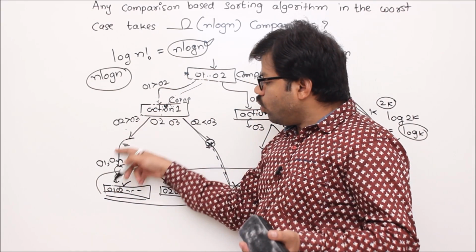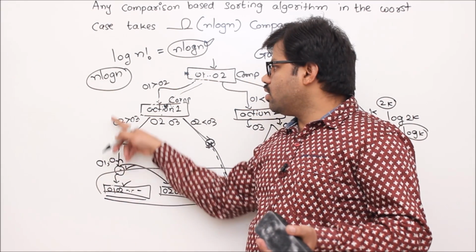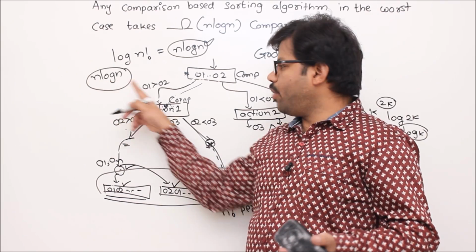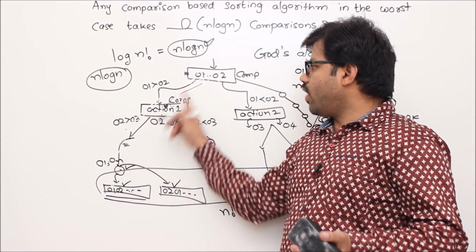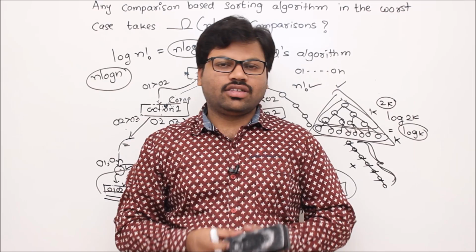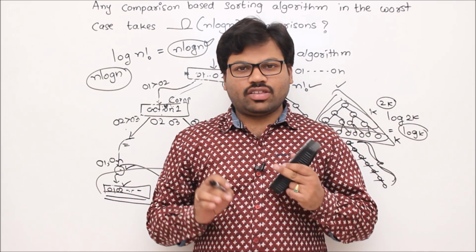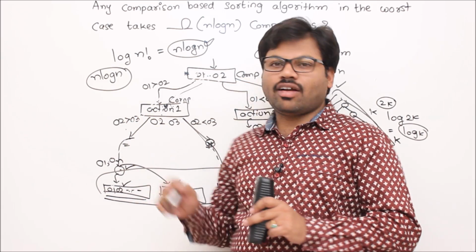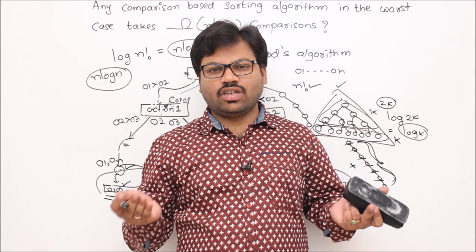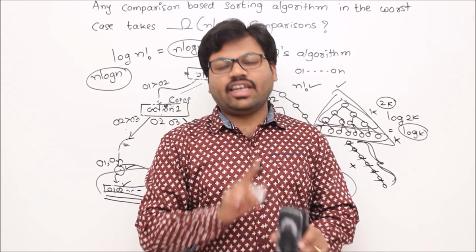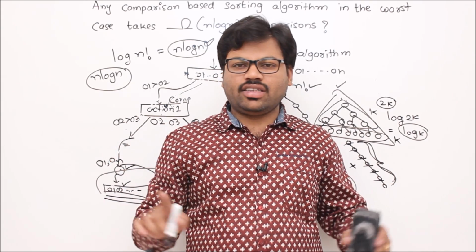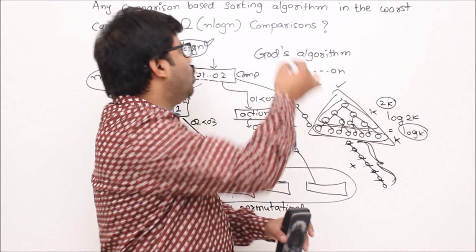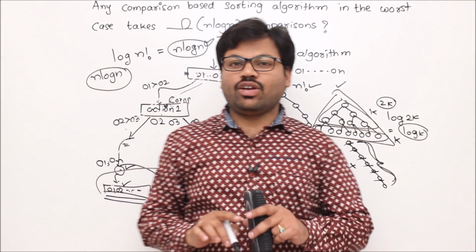If you go through that path, it takes n log n comparisons. For every level, one comparison. That's why your algorithm, though it is God's sorting algorithm, takes n log n comparisons sometimes. That means the lower bound for any comparison based algorithm is n log n. That's why it is omega of n log n. No one can do better than this.